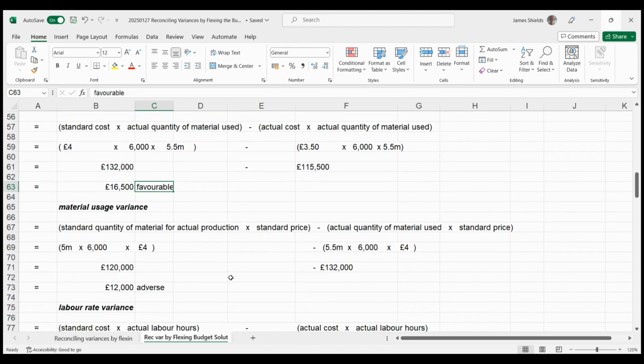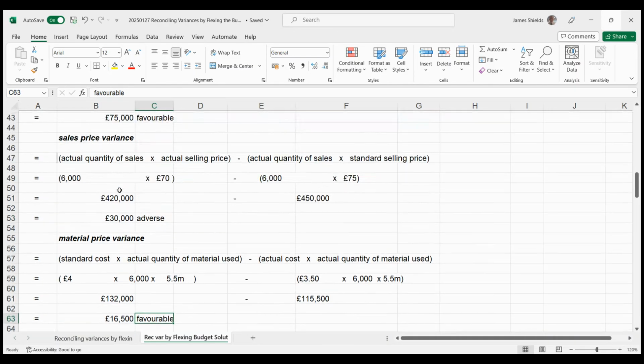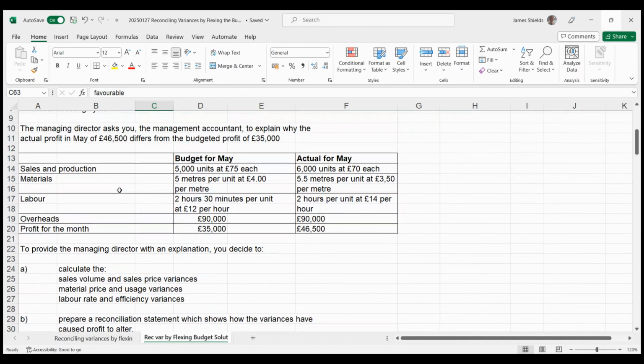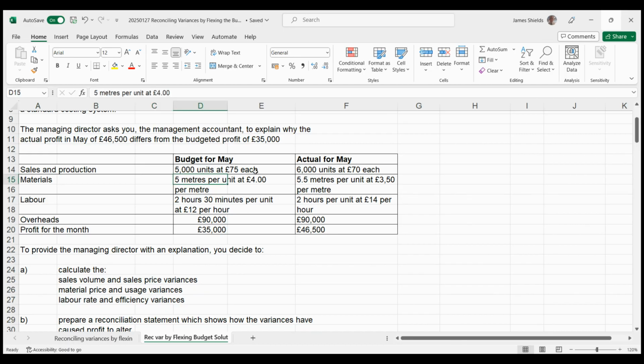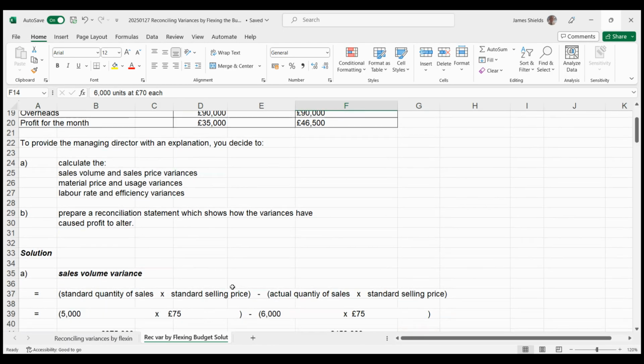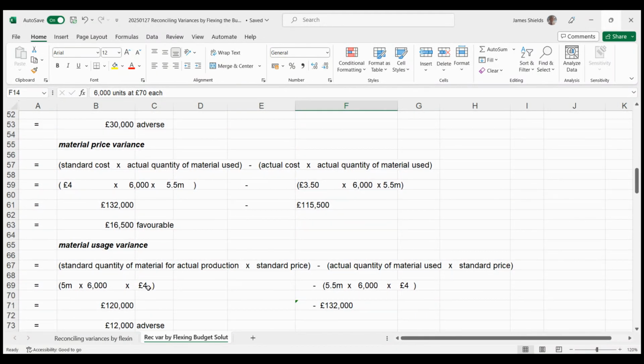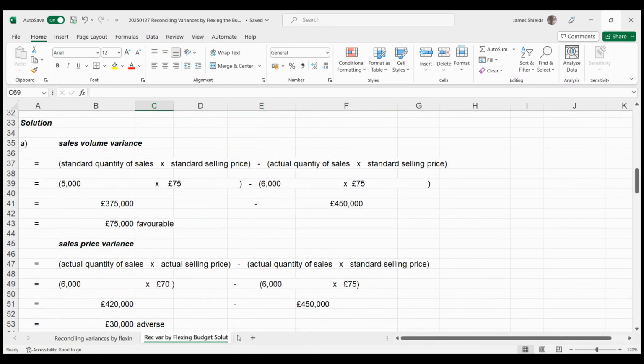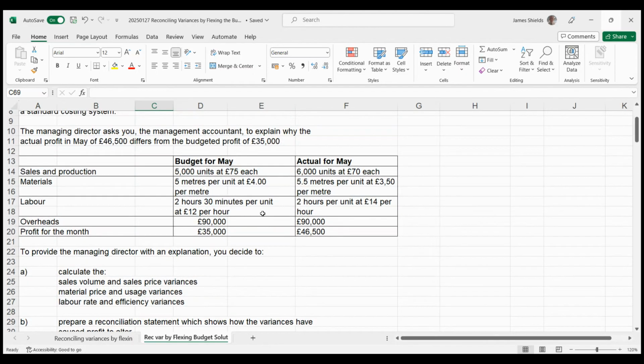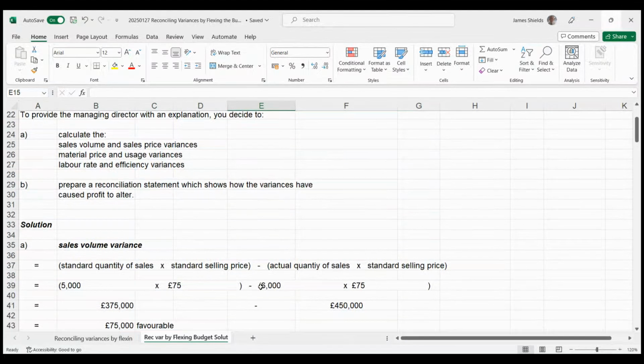Right, material usage variance now. So standard quantity of material for the actual production. So the standard quantity of material, we go back to the question, is 5 metres, and the actual quantity is 6,000. And then the standard price, just check that in the information. So standard price was £4.